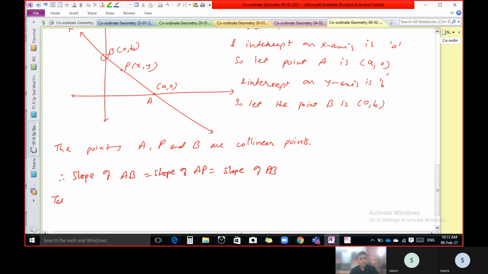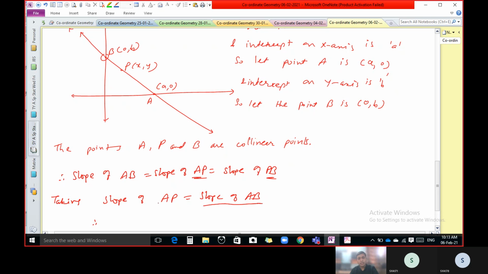Taking slope of AP equal to slope of this, because we have 2 known points, A and B. One side should be slope of AP, and on the other side you can write either AP or PB, any one of these two.